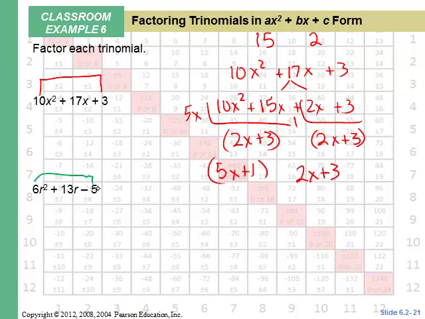This is negative 30. Negative 30 and 13. Here's negative 30 and 7. That's not it. Negative 30 and 13 is actually 15 and negative 2.